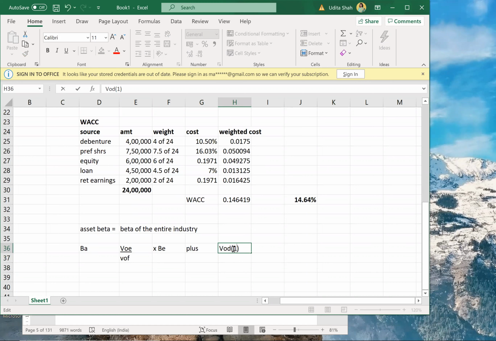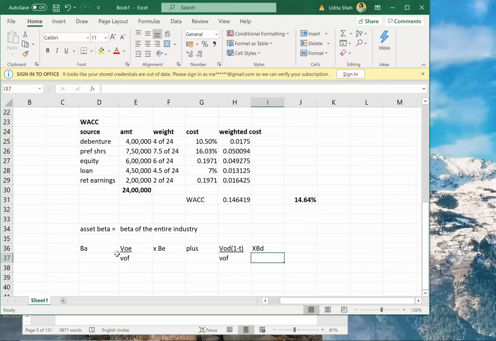But whenever I say debt will always have what? Debt will always have tax benefit. So value of debt divided by value of firm, don't write this, I'll explain it, into beta of debt. So ACCA will give you this formula.